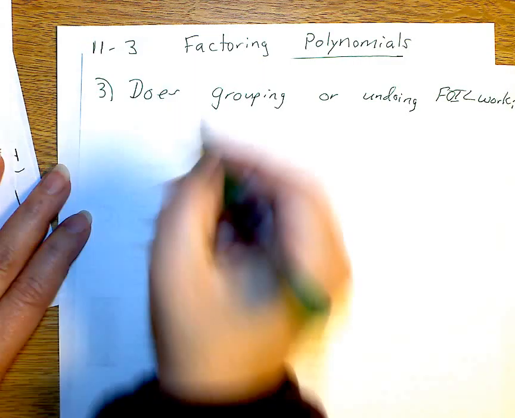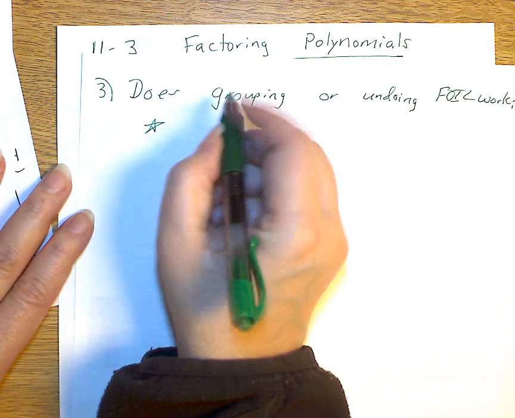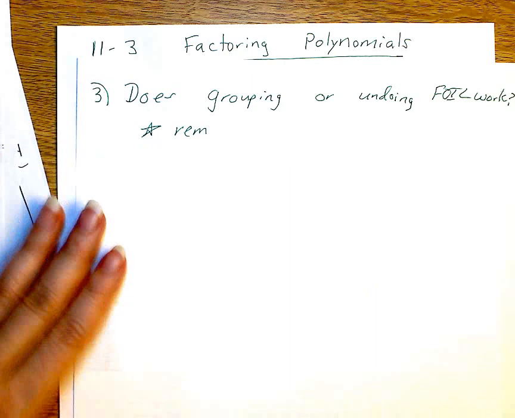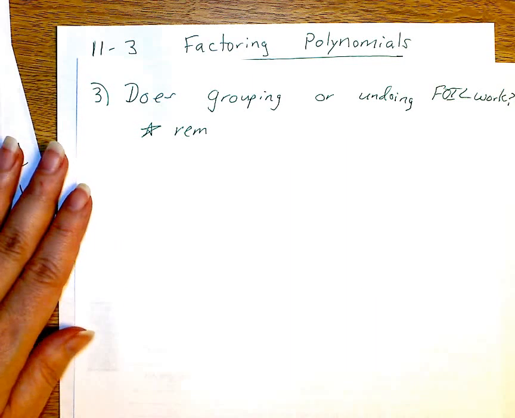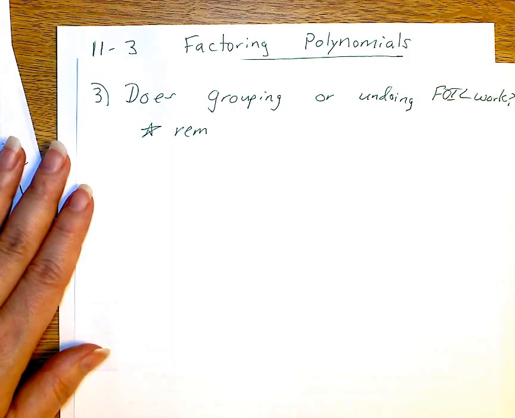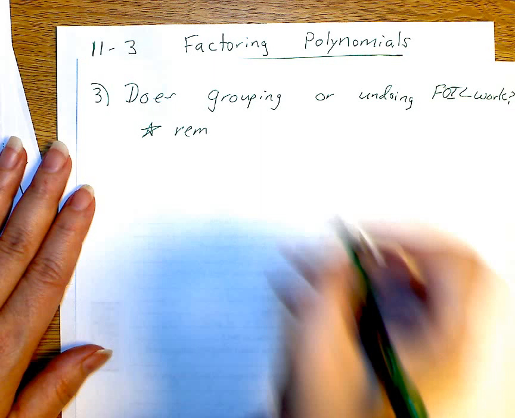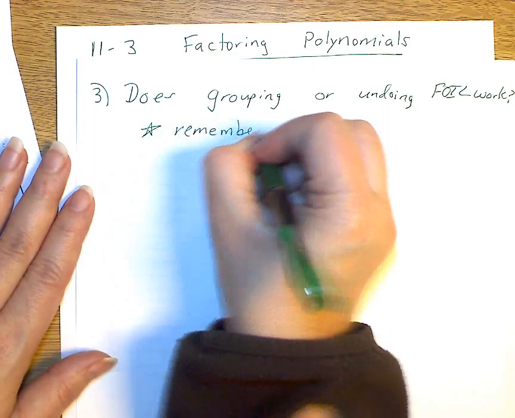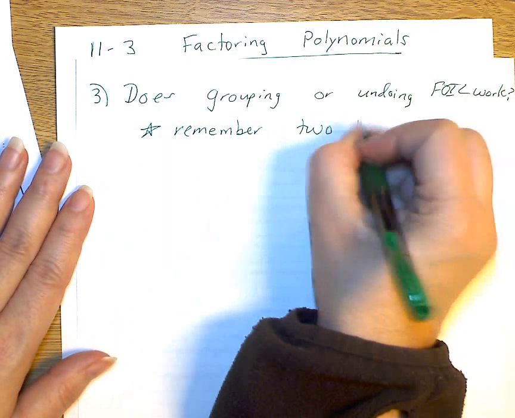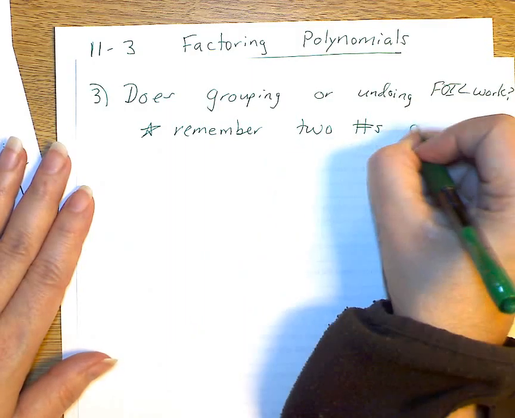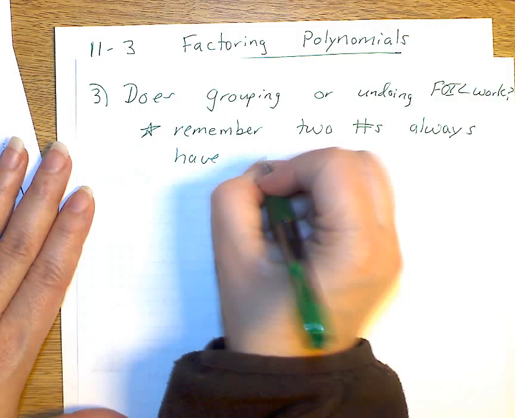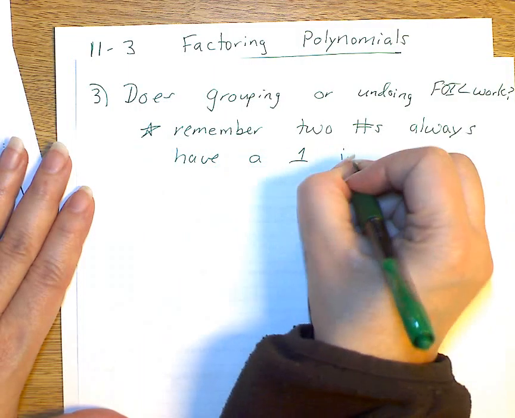And a key hint to remember is that two numbers always have a 1 in common, because 1 times anything is always that number. So remember, two numbers always have a 1 in common.